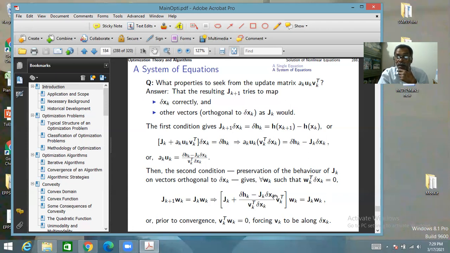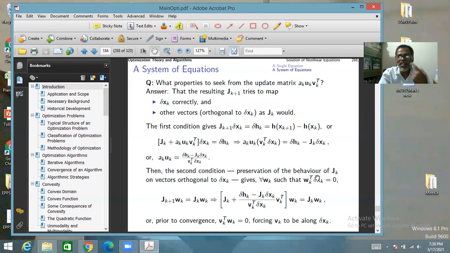And now this is not 0. At convergence, this will be 0 because then this would be correctly mapped. But before convergence, as long as this is not 0, Vk transpose wk has to be 0. And that means that wk and Vk are orthogonal. But wk and delta xk were also orthogonal.